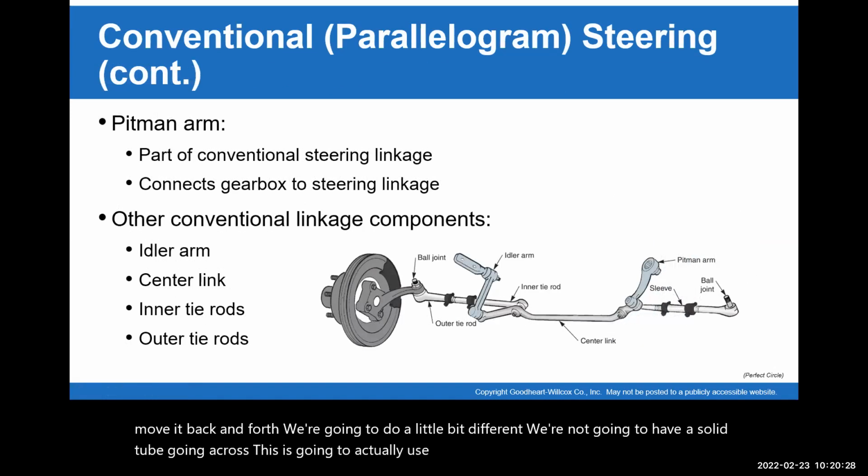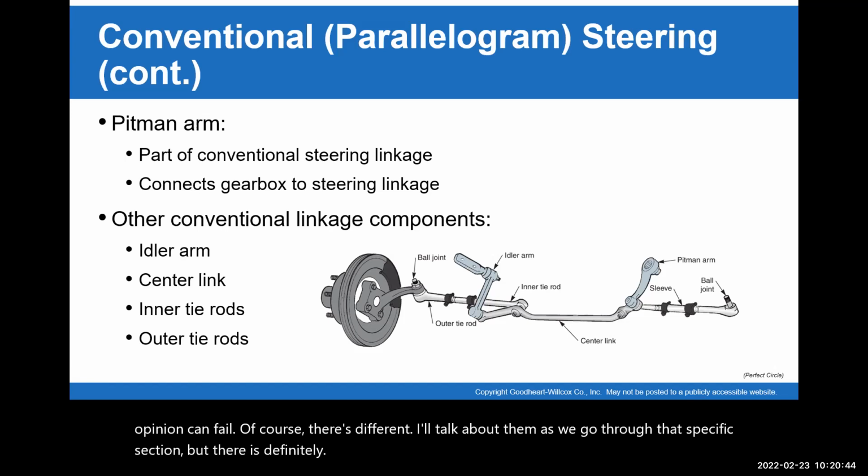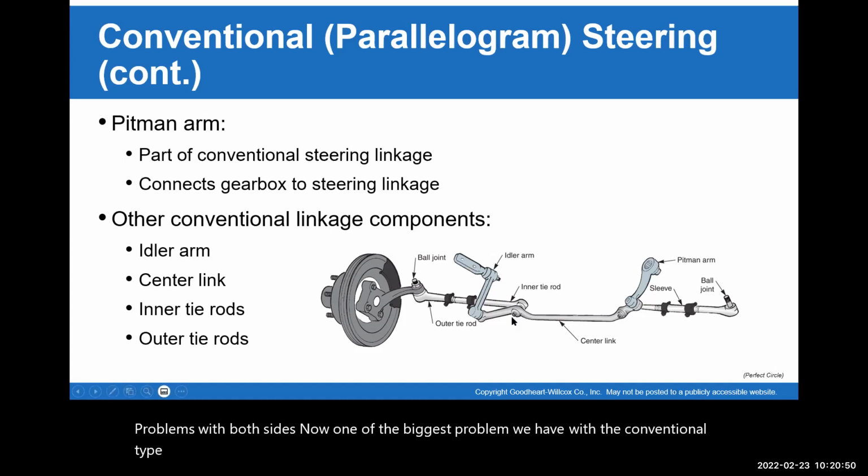And the rack and pinion can fail, of course. There are different failures, and I'll talk about them as we go through that specific section, but there are definitely problems with both sides. One of the biggest problems we have with the conventional type is all this linkage. Everything here can wear, and you can have linkage problems.